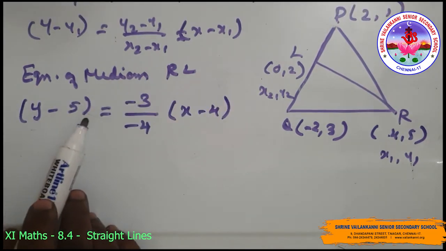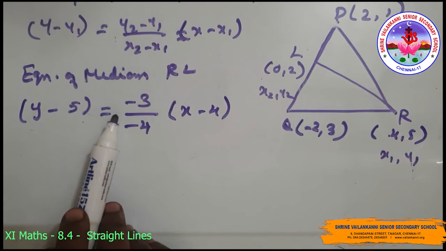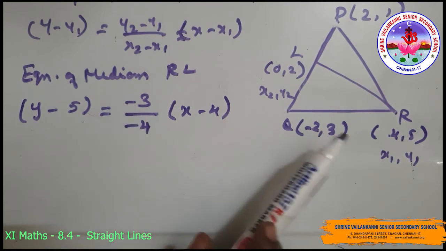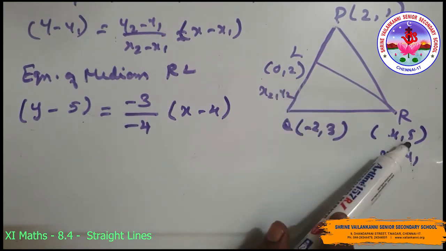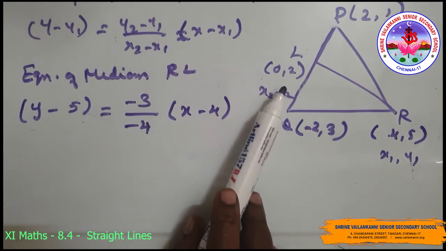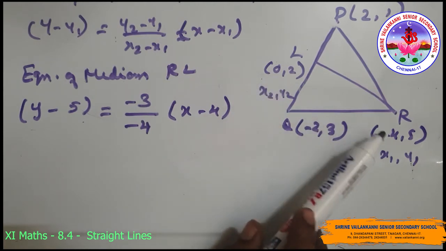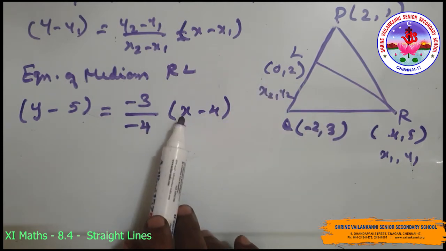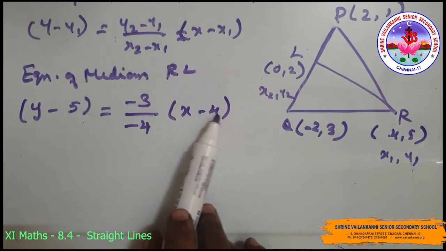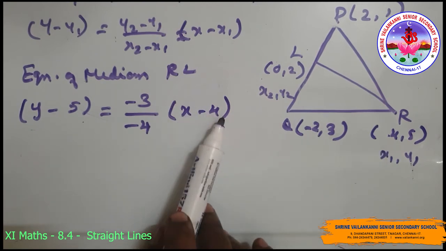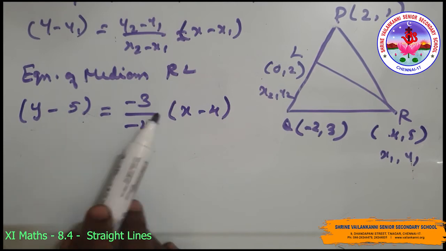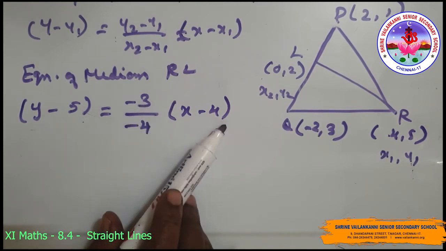So y minus y1, which is 5, equal to (2 minus 5), minus 3, by (0 minus 4), which is minus 4, into (x minus x1). x1 is 4, so into (x minus 4). Y minus 5 is equal to minus 3 by 4 into (x minus 4).